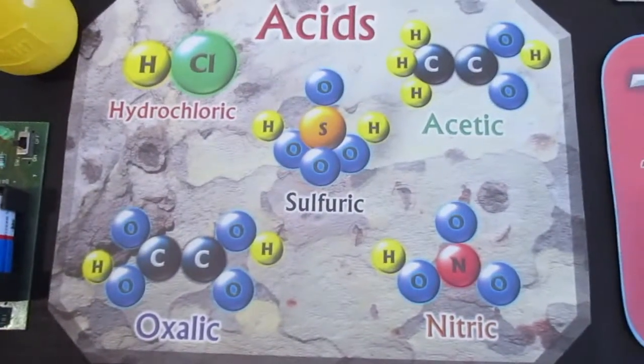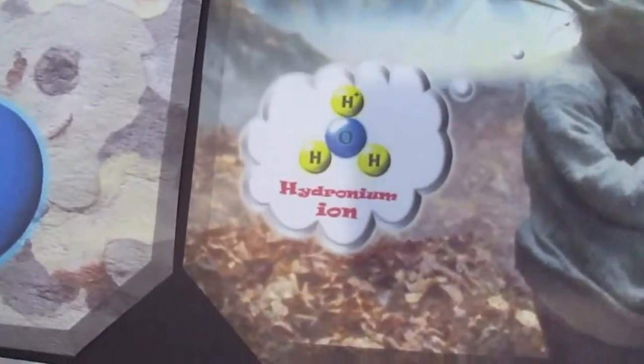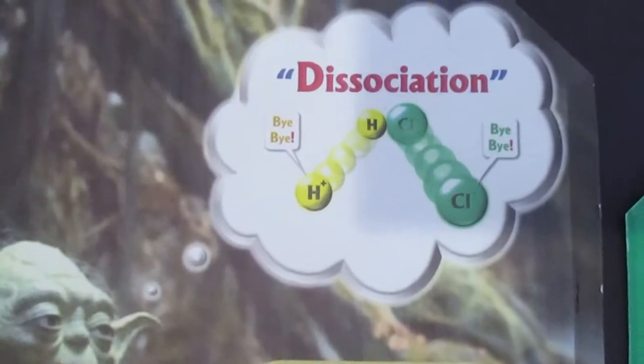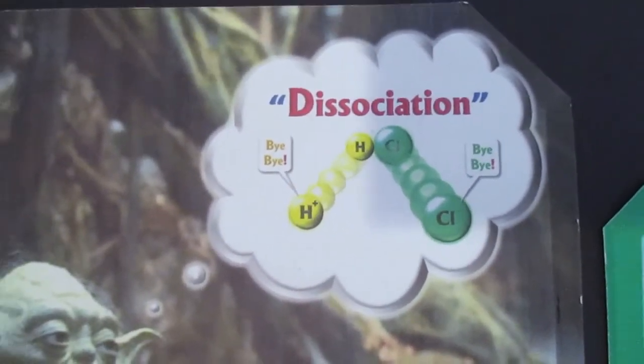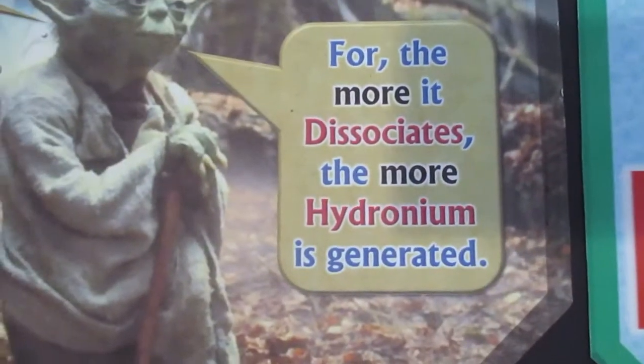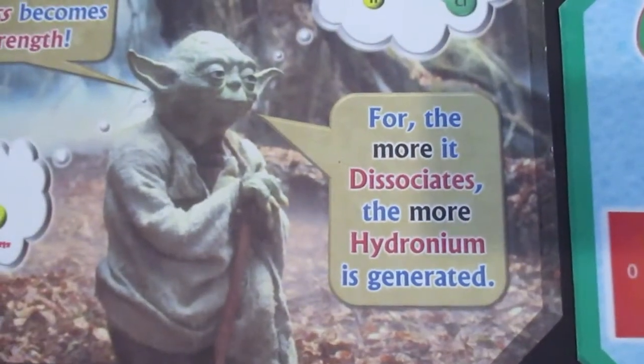Because if it easily breaks apart, it generates more hydronium, and the more hydronium you have, the more reaction, the stronger the acid is. So dissociation is a major thing when understanding acids. The more an acid dissociates, the more hydronium is generated.